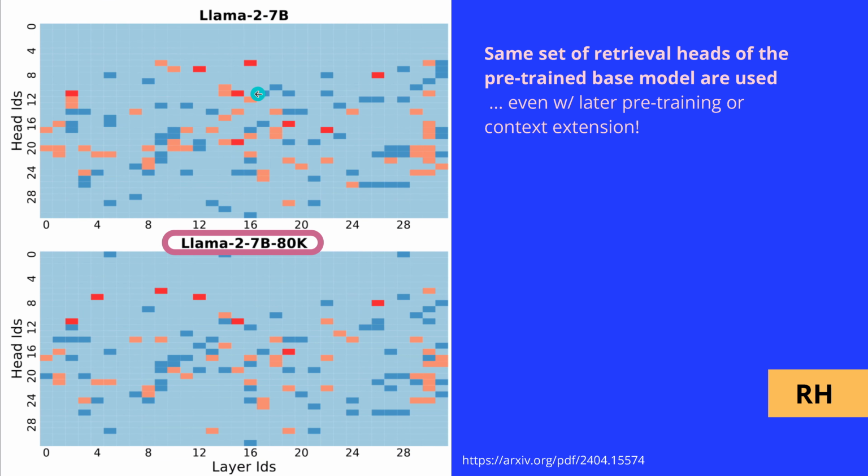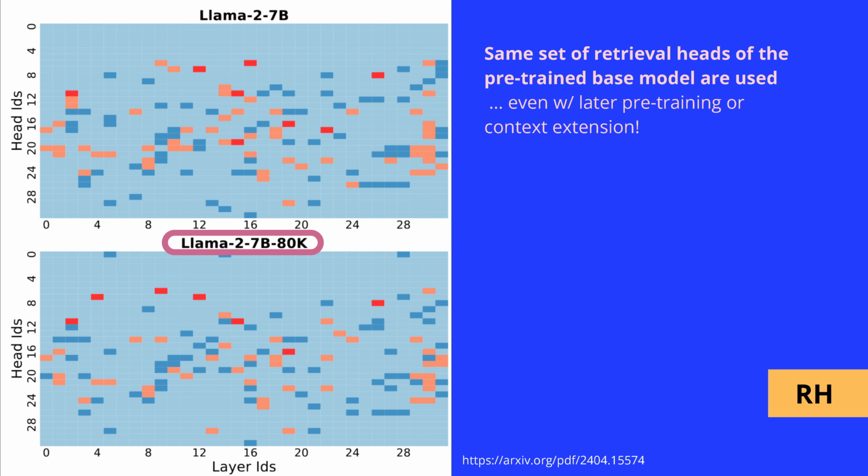Now, let's have an example. The authors looked at the Llama 2 7B. Yes, it's an old Llama 2, sorry. And you see here the heat map of the retrieval score, the heads, and the layer IDs. Now they took the Llama 2 and extended the context length. They continued to train it up to 80K context length.